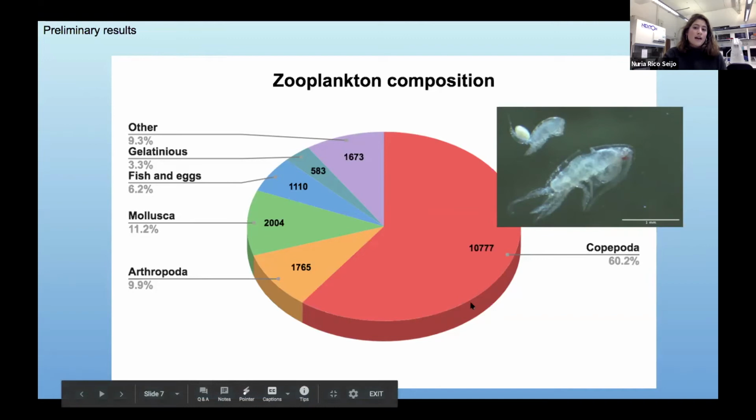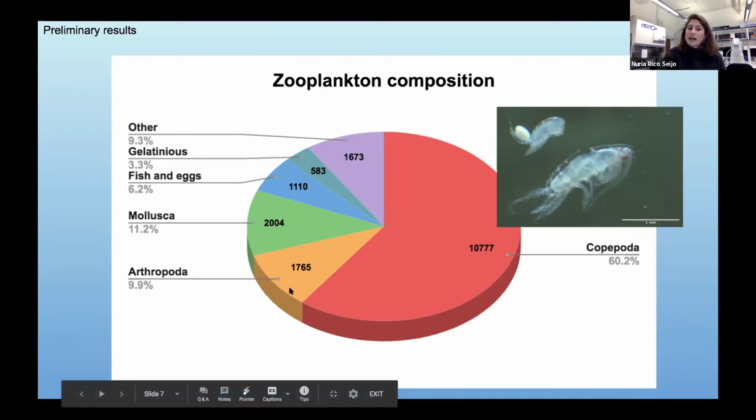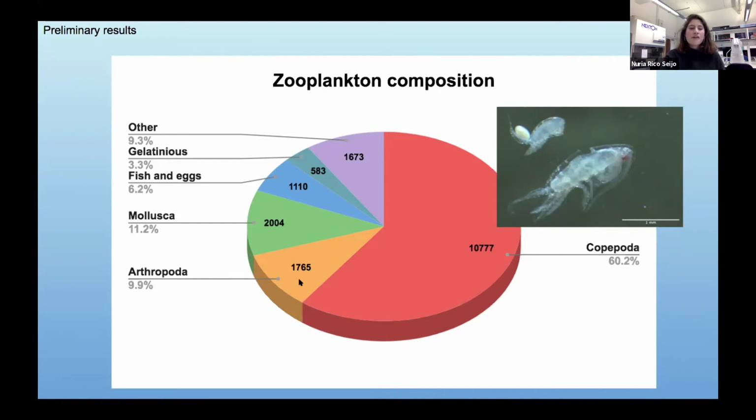Then copepoda belong to the arthropoda, so, like family resemblance, family members in the group, we have at least 1,700, but they're not the highest number, since the second group with the most numbers is mollusca with at least 2,000. Then there are fish and eggs, gelatinous organisms, and then in order we have at least 15 other groups whose numbers were too low compared to the other ones, so I grouped them together for this presentation.